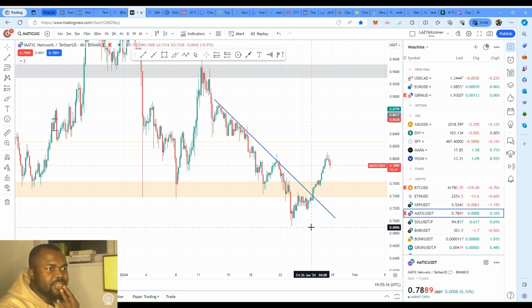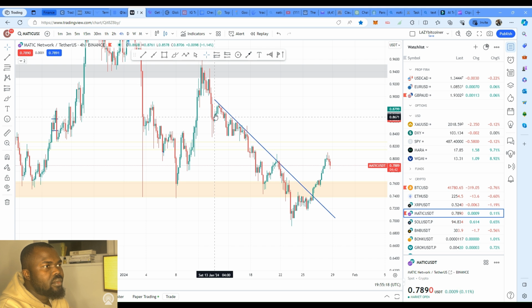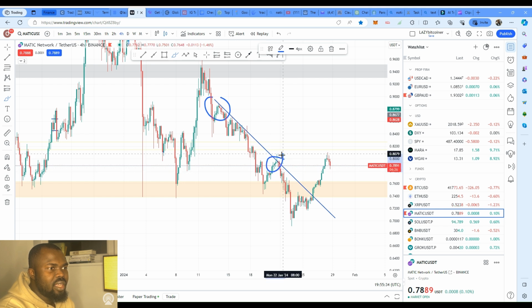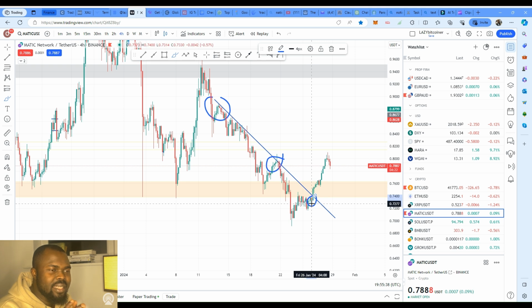This is a trend line for a downtrend. It's touching the lower highs. We have one here, and we have one here, and it's supposed to have one here, but it rebounds, and that is the exact strategy that I use for trend line.